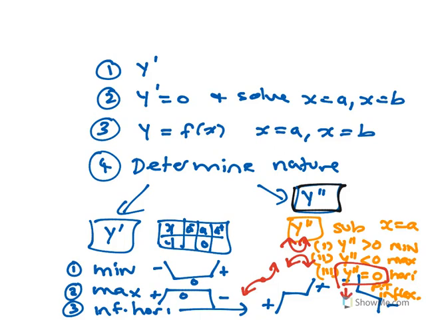So the additional thing you have to do when you're looking at the horizontal point of inflection, if you're using y double dash, is you have to check y double dash changes sign. And the way to do that is to draw up a table of values, which we'll do on the next page.